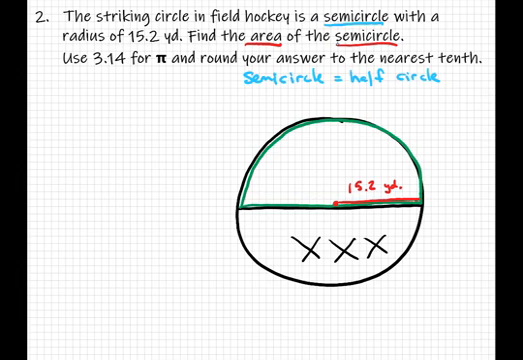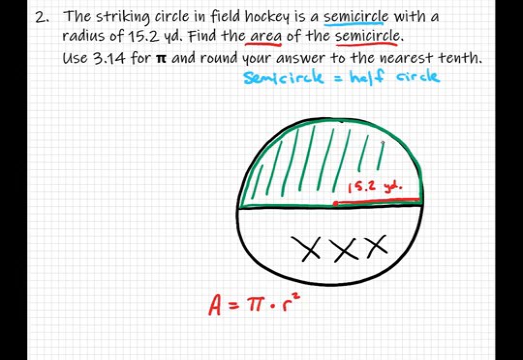Let's say the area of a full circle is pi times the radius of the circle squared. So if we figure out the area of the entire circle, we could take that number and cut it in half, divide by 2, to give us this green area.